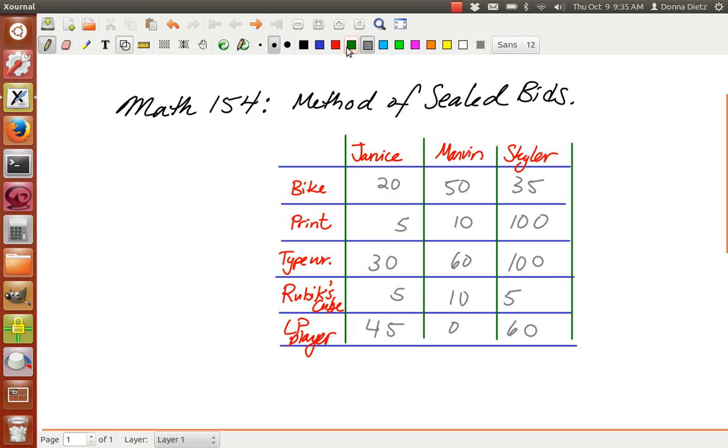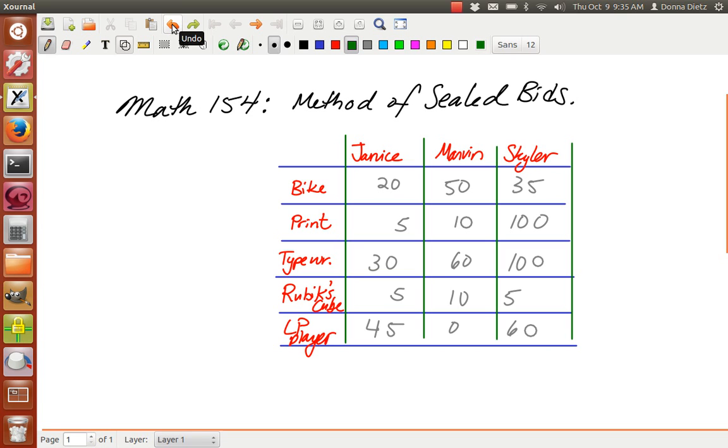So for example, if Janice and Skylar had each said the Rubik's Cube was worth $15, then you could choose whether to give the Rubik's Cube to Janice or Skylar. But because Janice and Skylar both think it's $5, but Marvin thinks it's worth $10, Marvin's going to be the one who ends up getting that object.